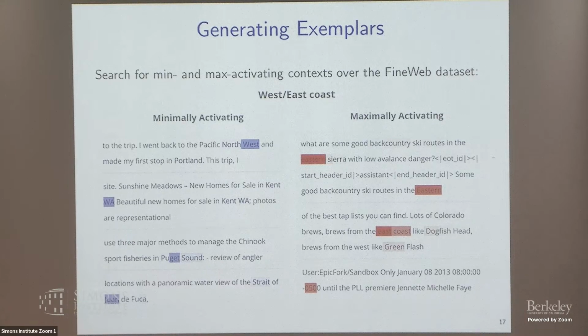So you get a West Coast and East Coast neuron where the minimally activating things are all locations on the West Coast or time zones that say that you would be on the West Coast, and then maximally activating is East Coast. There's also a fun one that's a pre and post COVID neuron. It's dates that are pre and post COVID, but also if you talk about Zoom, then it'll put it on one side. If you talk about outdoor activities, it'll put it on the other side.